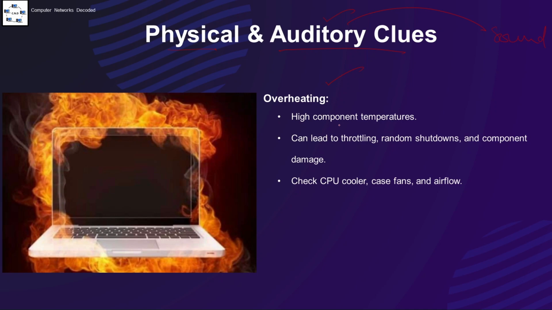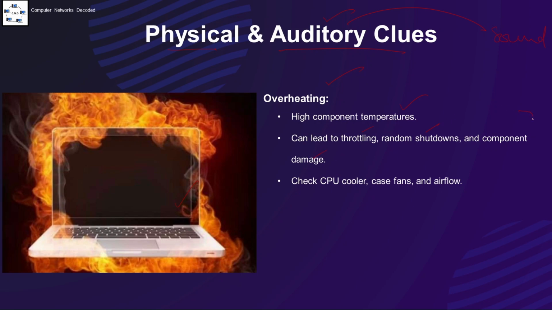First of all, overheating. Overheating means that some system components such as the CPU or RAM may have a higher temperature, which may lead to throttling, random shutdown of the system, or permanent damage to the components.